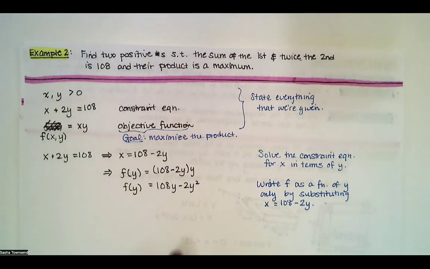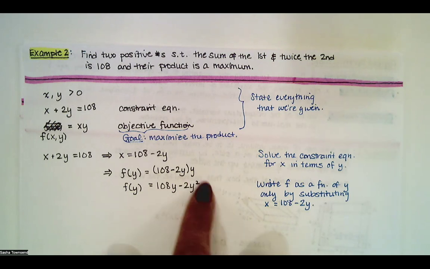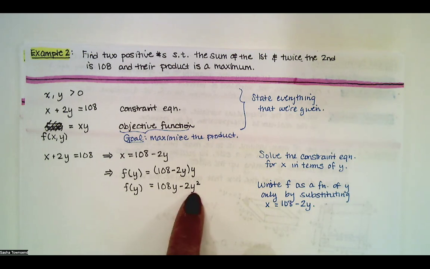Don't worry about that too much. In terms of this general form, a constant times a variable minus a constant times the variable squared, that form tells us that our function is going to be maximized at the Y value of interest.